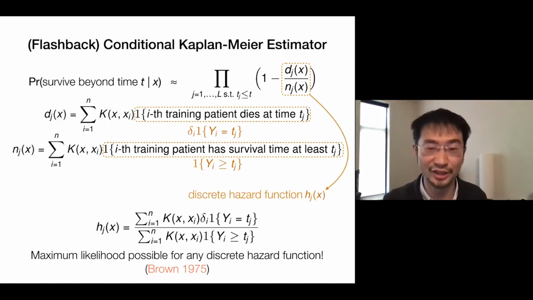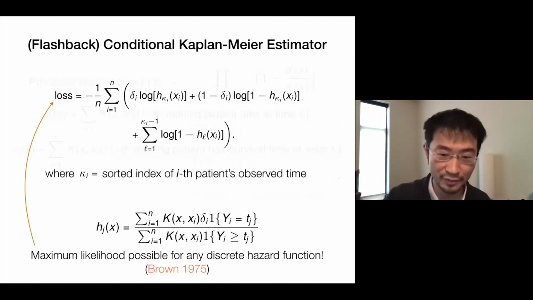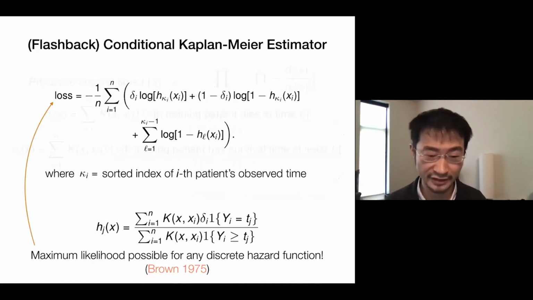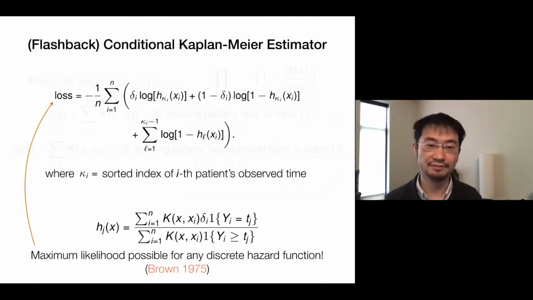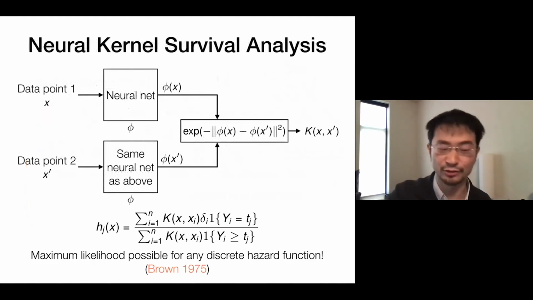I'll just flash it on the screen to say, yes, we can do it. If there are questions about it after the talk, I'm happy to dissect it. There's a way to compute this for any choice of these discrete hazard functions. For the purposes of this talk, the main thing to know is that there's a loss we can compute.